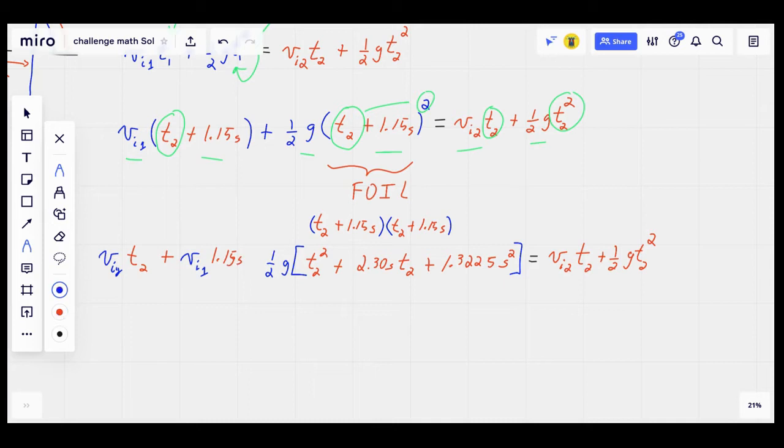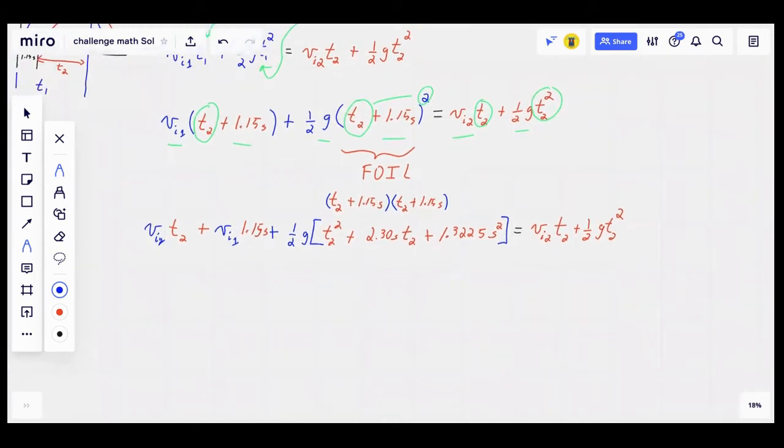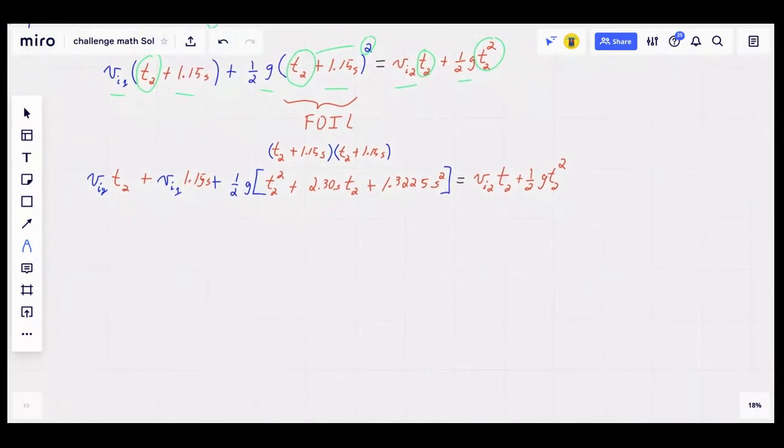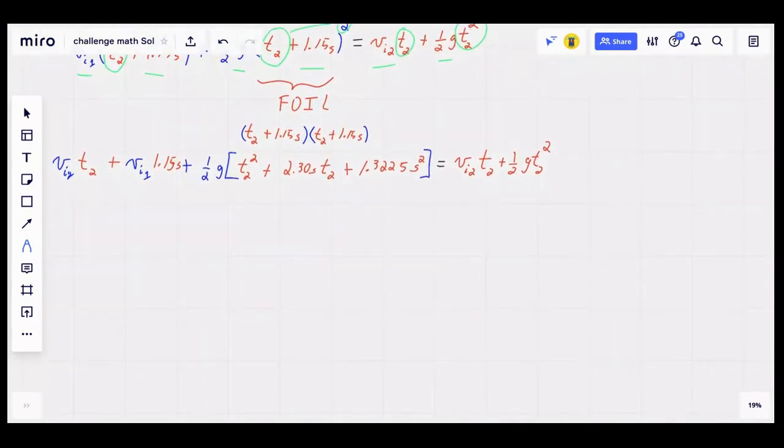And that's all being added to the rest of this stuff.